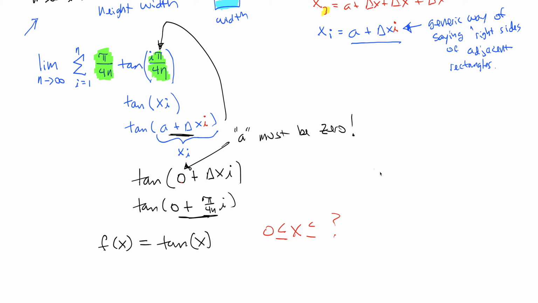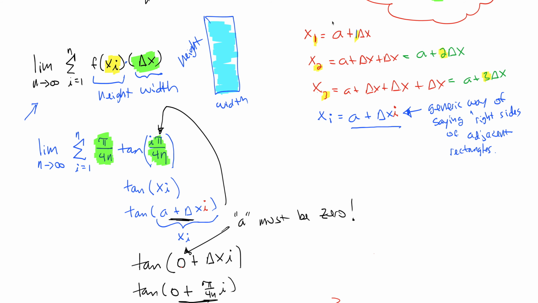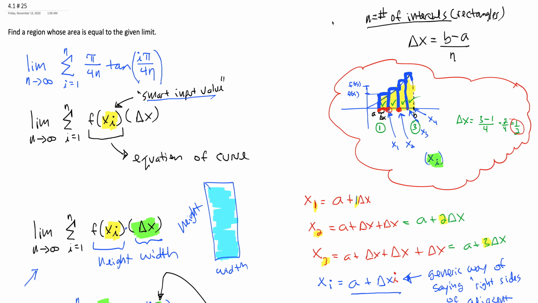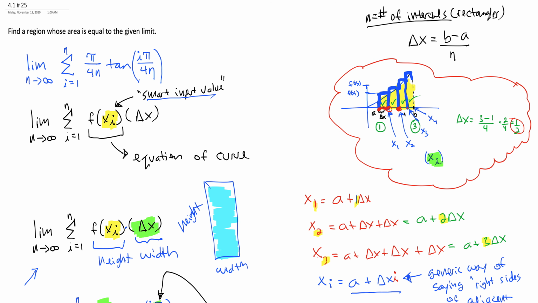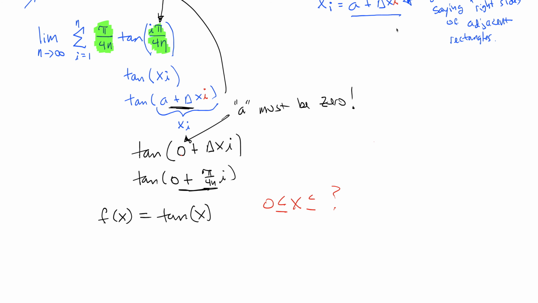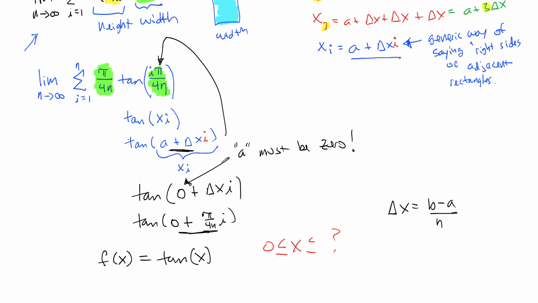All right. Well, let's go to our delta x. We know that delta x from up here is b minus a over n. We know what delta x is. Delta x is what's highlighted right here, because that's what's multiplied by your function, because that's your width.